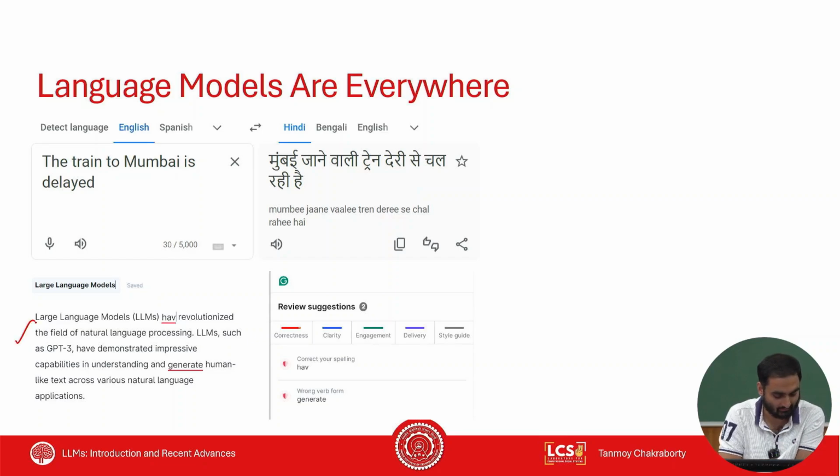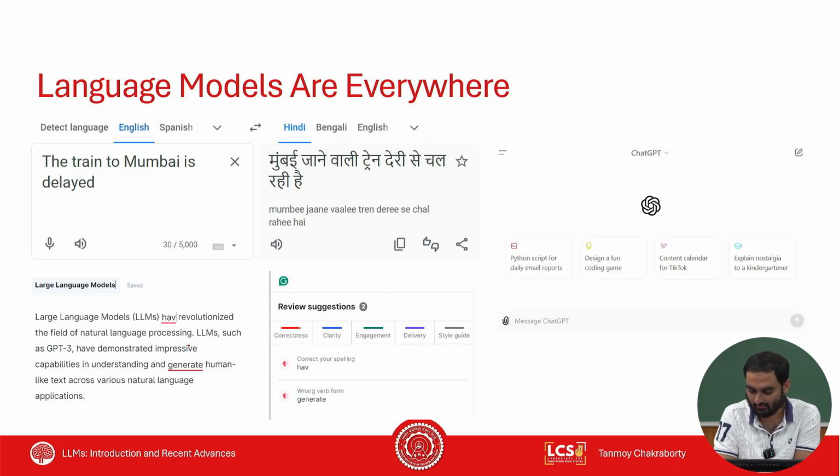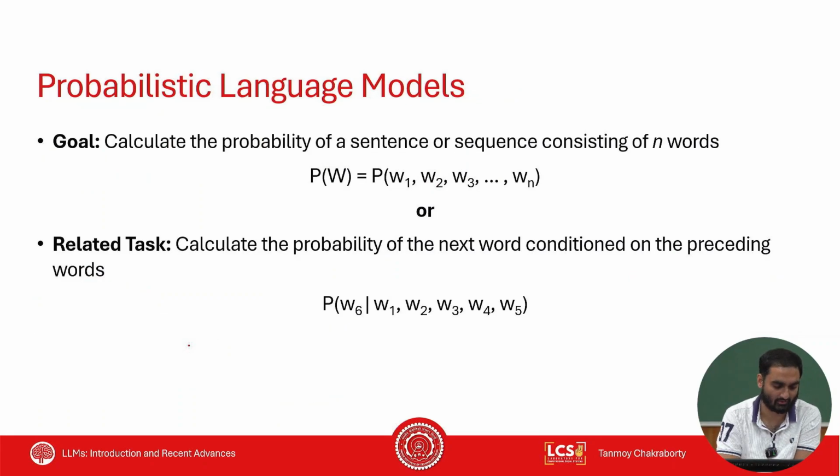Let's say you are checking spelling correction in tools like Grammarly, right? You see the language model can be used here. Of course, ChatGPT is a language model, therefore it uses not a statistical language model, but the concept of language model underlies the framework.